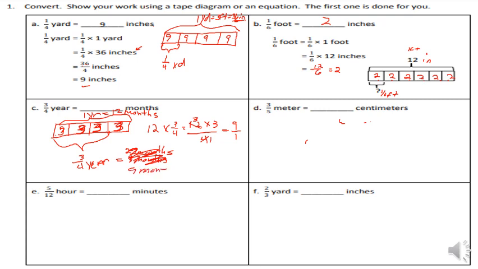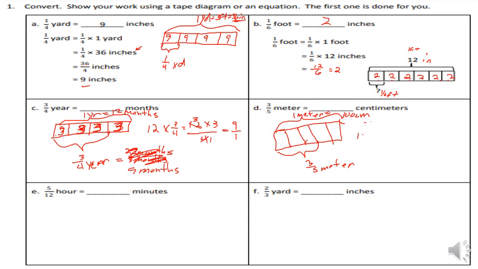Almost made a mistake there. So that's why going back and doing the tape diagram really helps you make sure you don't make a mistake. Now here's our tape diagram. Once again, we're going to split this one into fifths, and we're looking at 3/5 of a meter. That means the total is 1 meter. And this is the one in centimeters, and we know 1 meter equals 100 centimeters.